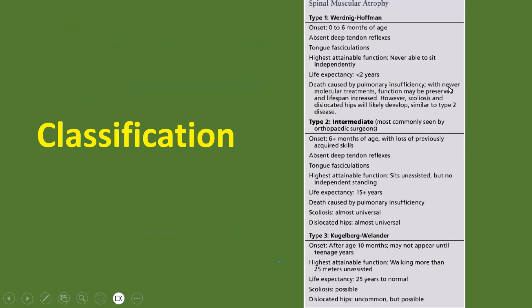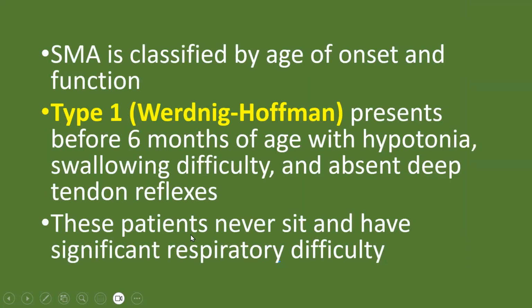This is the classification that is used. I'll just go through each one. Spinal muscular atrophy is classified by the age of onset and function. Type 1, the Werdnig-Hoffmann, presents before 6 months of age with hypotonia, swallowing difficulty, and absent deep tendon reflexes. These patients never sit and have significant respiratory difficulty.